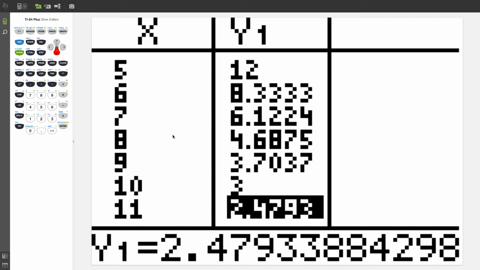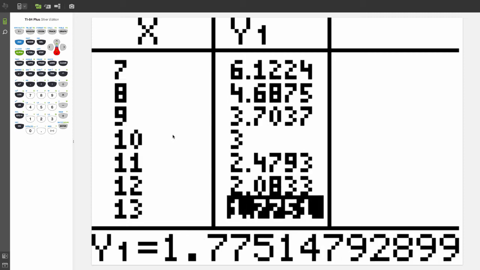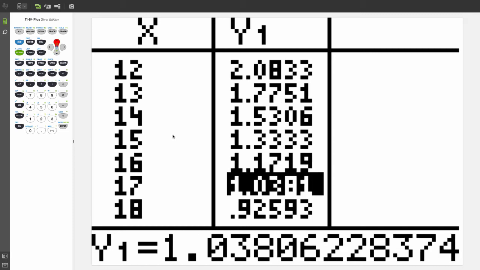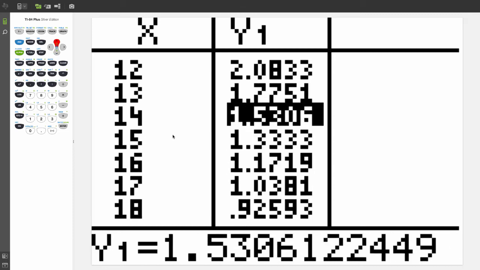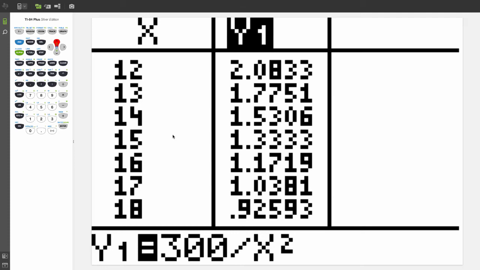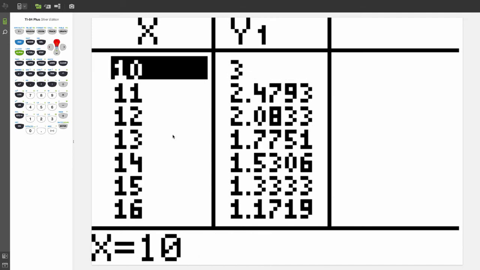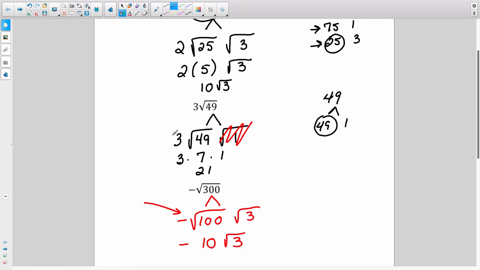But make sure you get down to the bottom, 10.3. Okay, we're down in the ones, right? There we go, less than 1. Let's take the elevator back up. And let's stop at the first time we see two whole numbers. Boom, 10 and 3. What that tells me is that radical 300 simplified is 10 radical 3, but you already knew that because you did it the hard way.